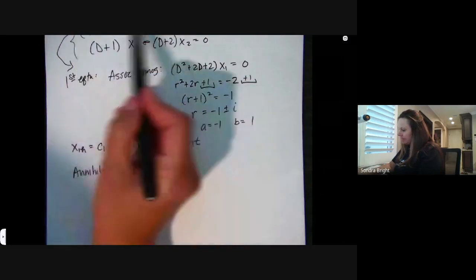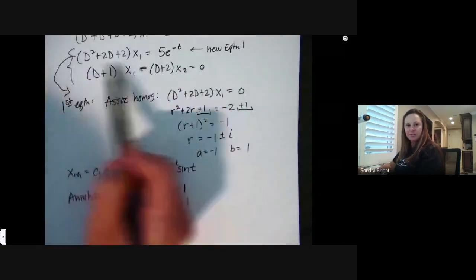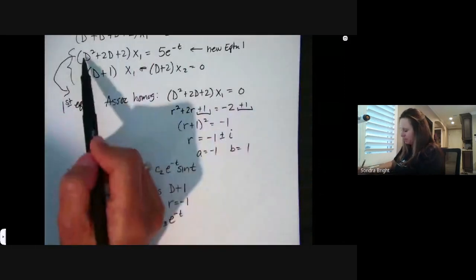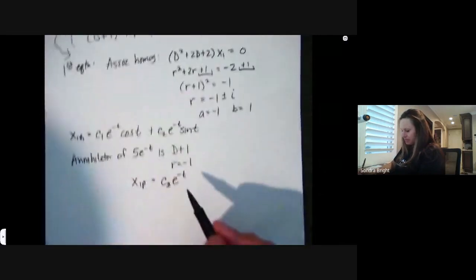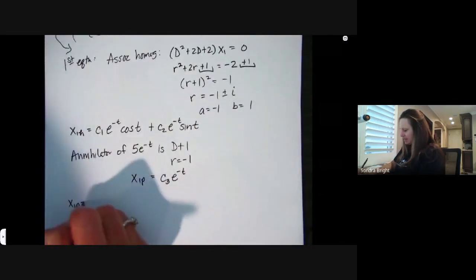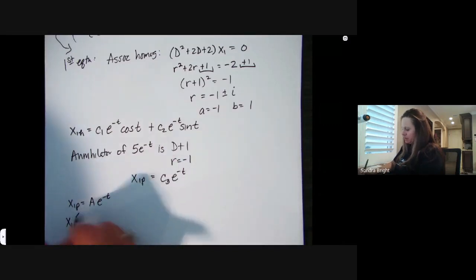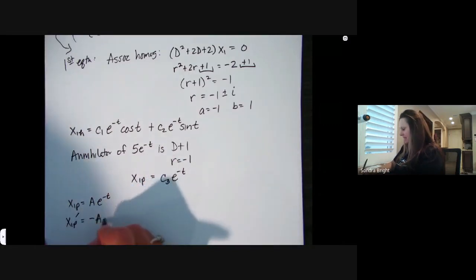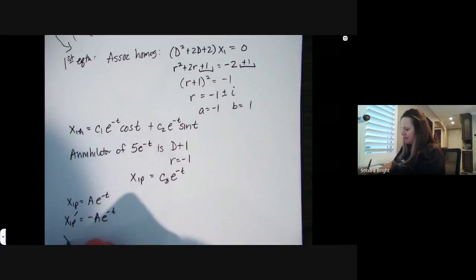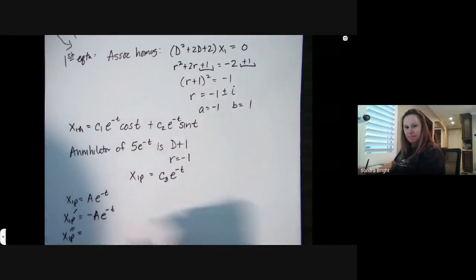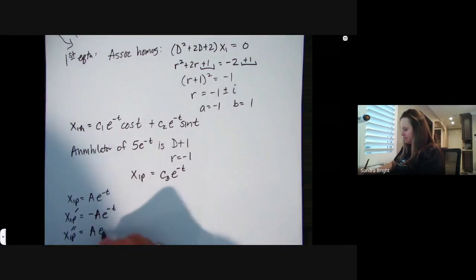I'm going to be plugging it into here. So I need the first and the second derivative of x1's particular. So I've got x1 particular is a times e to the negative t. So that means its first derivative would be negative a times e to the negative t. And then second derivative would be a positive a e to the negative t.